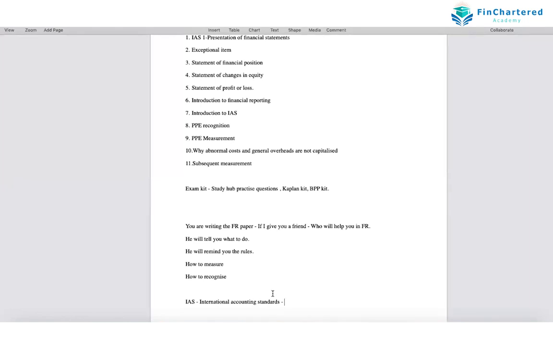Maybe it is IAS 1, maybe it is IAS 16, maybe it is IAS 14. For every specific aspect, you have a certain IAS. So IAS is that friend who is going to help you. IAS helps you.